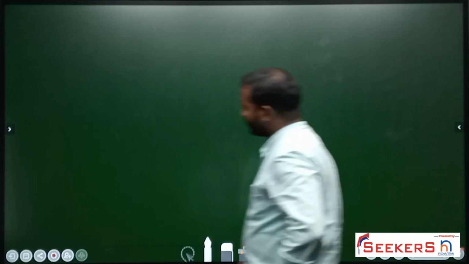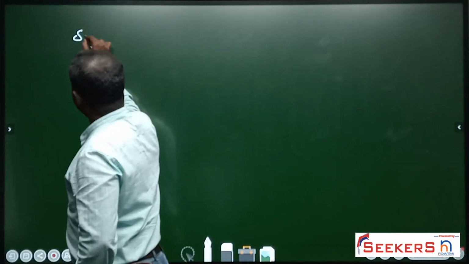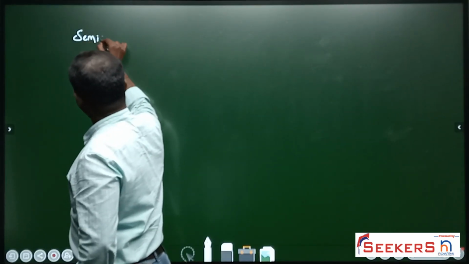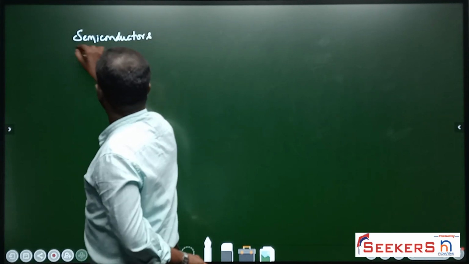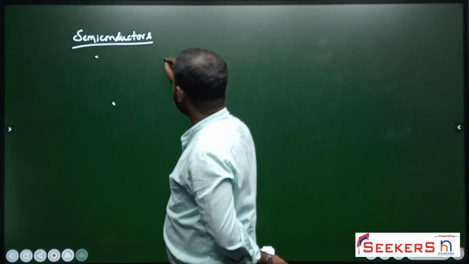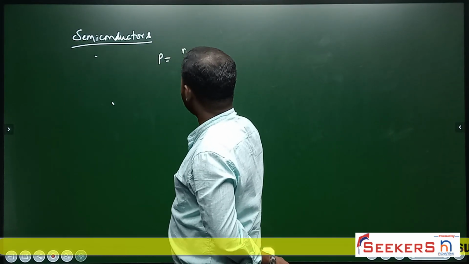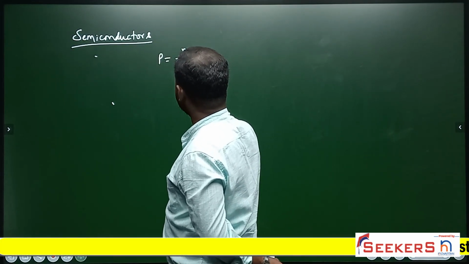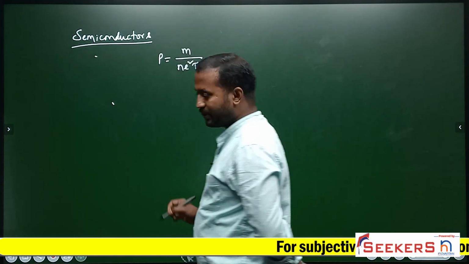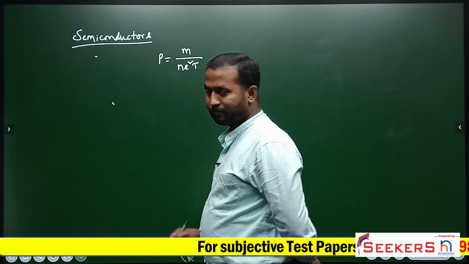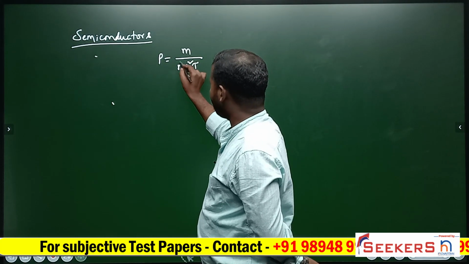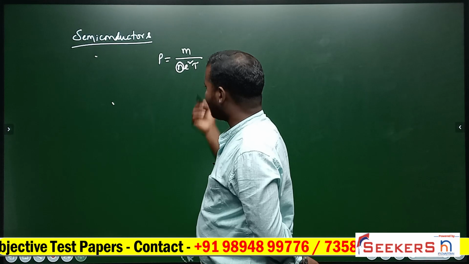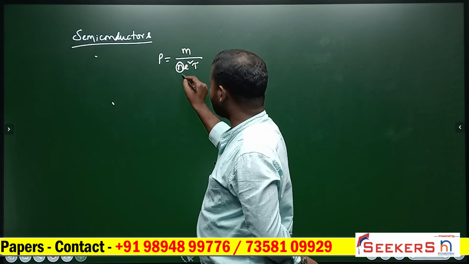Now let us see semiconductors. You have just seen that rho is equal to m by n e square tau. In the case of semiconductors, the number of free electrons per unit volume is not that appreciable, almost negligible.